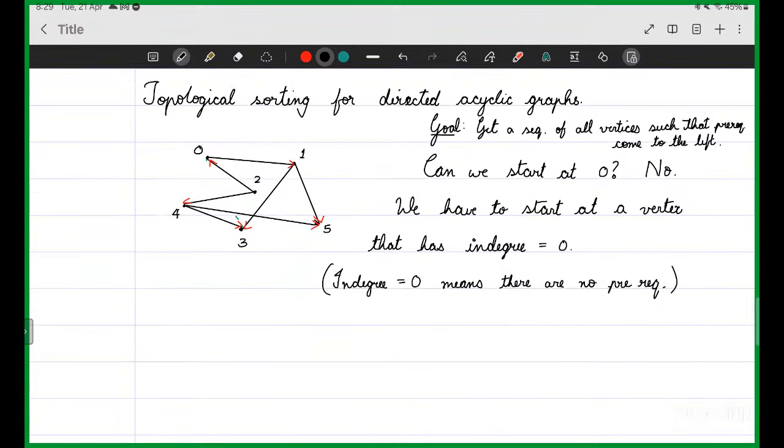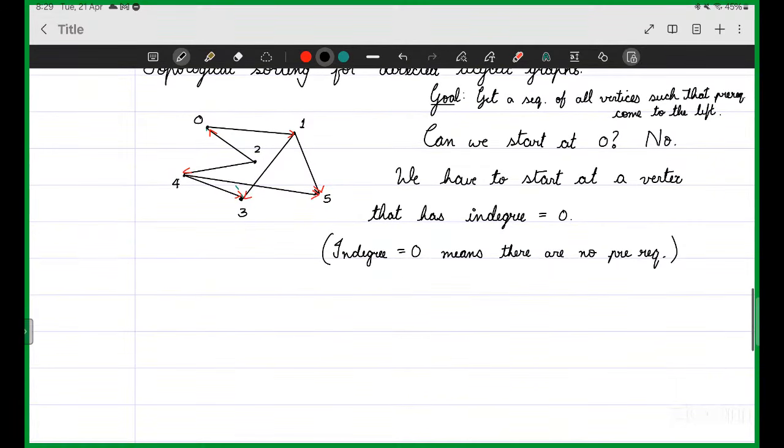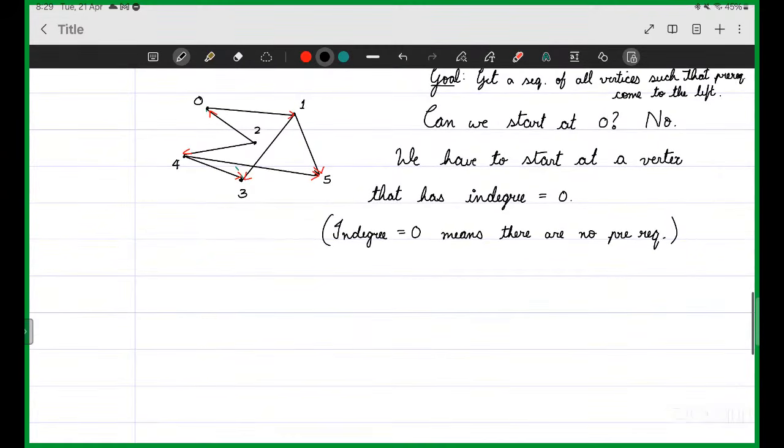Only 2. Yeah, there's precisely one vertex, which is number 2. But what is the guarantee that every directed acyclic graph will have a vertex with in degree 0? Is that always possible?